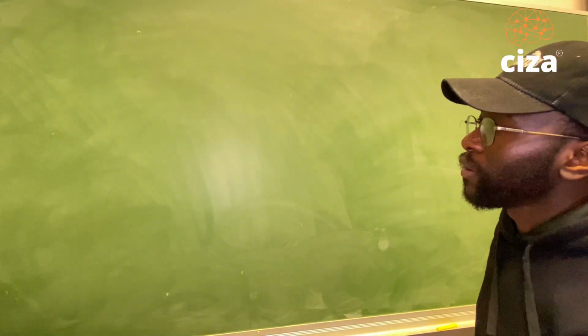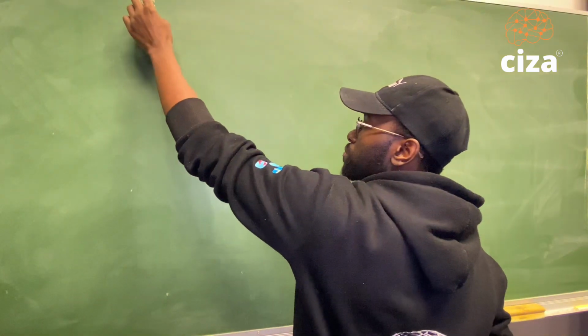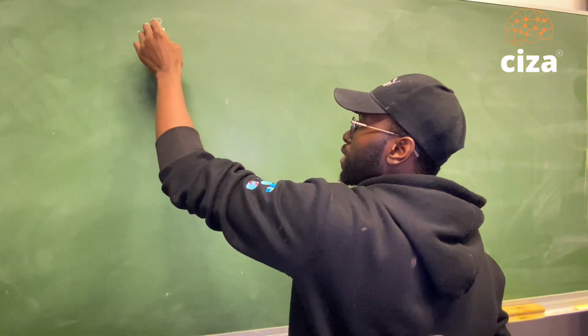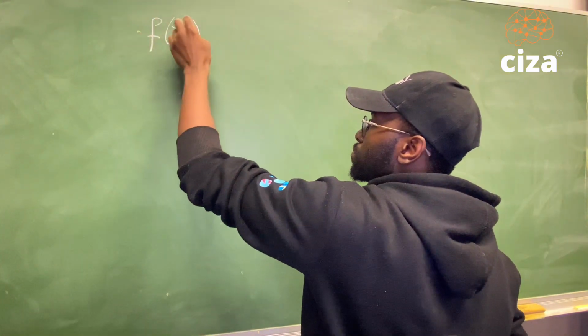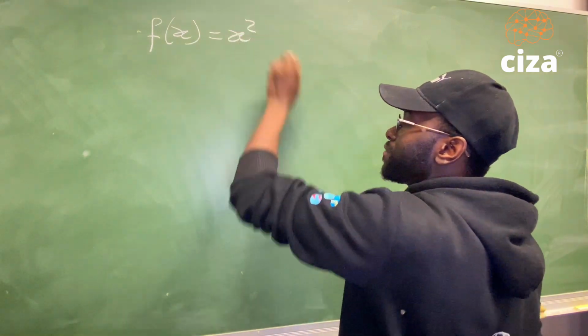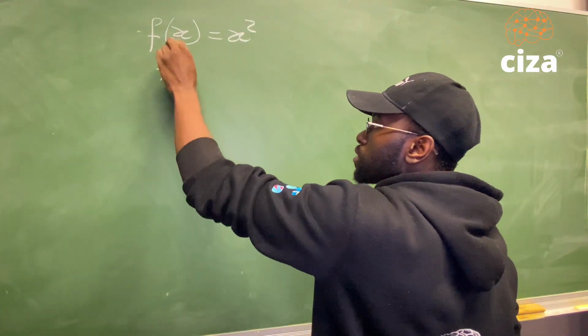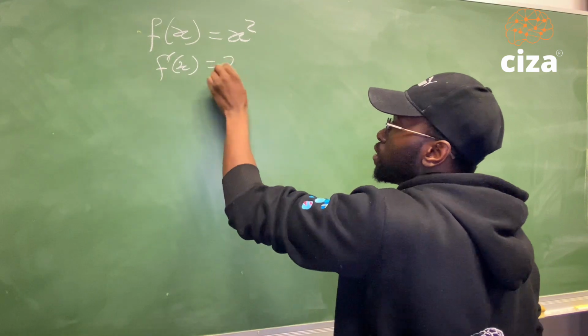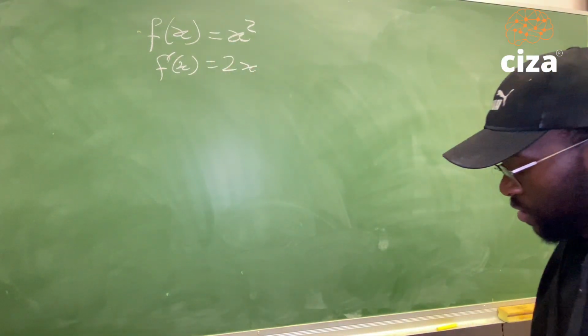Things are getting interesting now. Now let's say we have our function f(x) = x squared. The derivative function will be 2x.